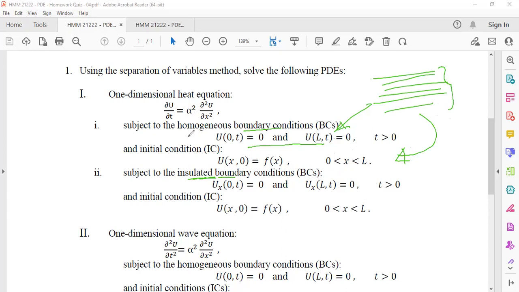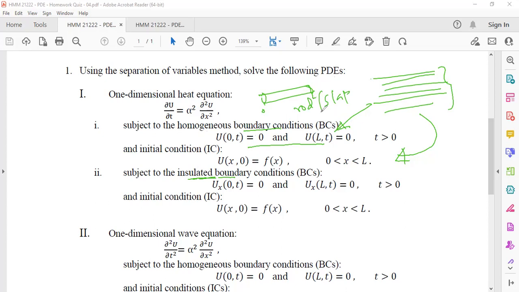If I wanted to elaborate this in a sentence, the question may be like this: the faces x equal to 0 and x equal to L of an infinite slab, or a rod can also be said as a slab. This is one of the questions I have derived in this form. I'll read it. The faces x equal to 0, x equal to L of an infinite slab are maintained at 0 temperature.